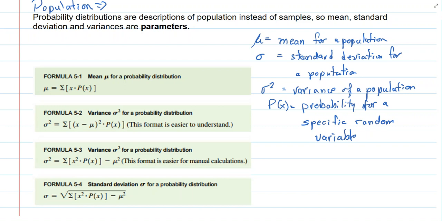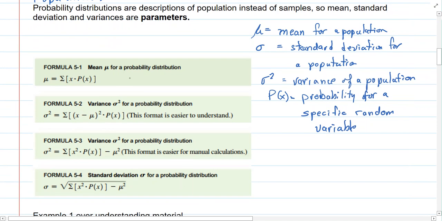So we have mu is the sum of the variable X times the P of X, which is probability. So that means a sum.